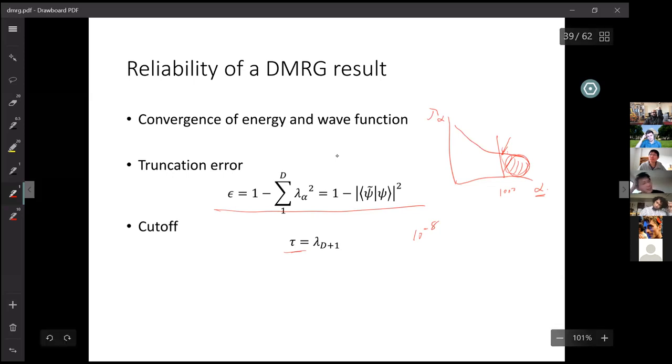So no one ever uses any other metric than the wave function overlap to assess how accurate they're being? There's no better diagnostic than that? I think you can also measure the correlation length. Right. So usually a longer correlation length means you are describing the system quite faithfully.